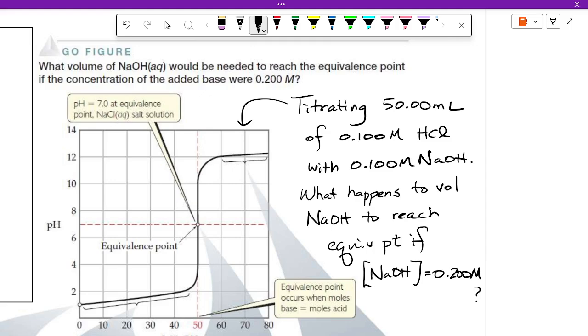So you're going to need to think about that a little bit. Do you think you know? It's half. Yeah, does that make sense? We've doubled the concentration. So to get the same number of moles, we would need half the volume to get there.